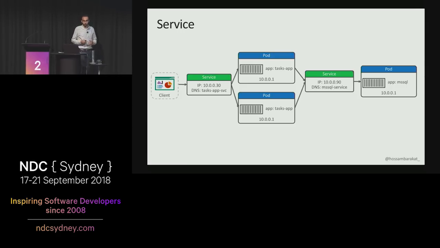And in addition to just logically grouping the pods and providing us with a DNS name, services also provide us with some sort of load balancing features. So when we put the service in front of the ASP.NET pods, the requests that are coming to our application will be load balanced across the running pods. So let's see how we would update our application to deploy our SQL application, then connect the ASP.NET pod to the database pod.